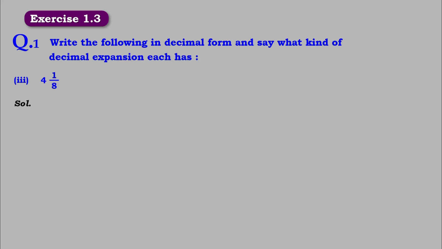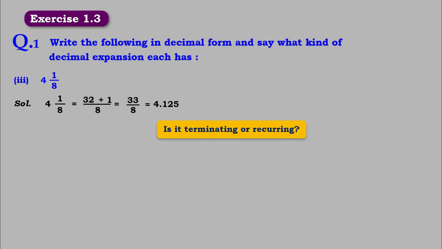Now 4 1 by 8. This is a mixed fraction, so let us first make it an improper fraction, which comes to 33 by 8. Now if we divide, we get 4.125. Is this terminating or recurring?